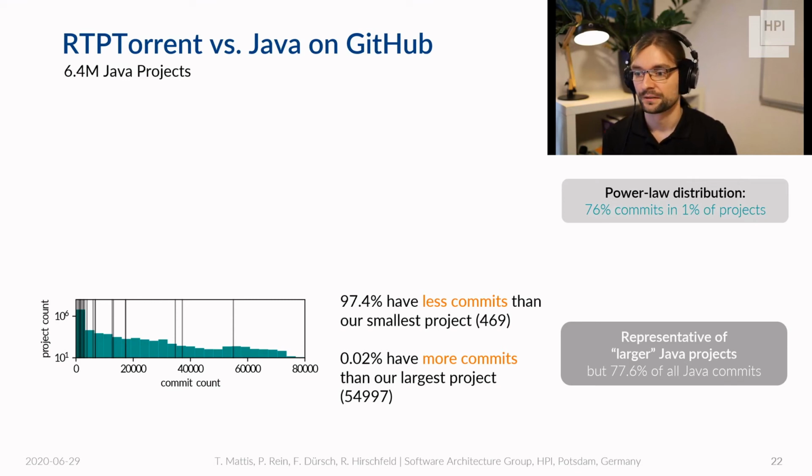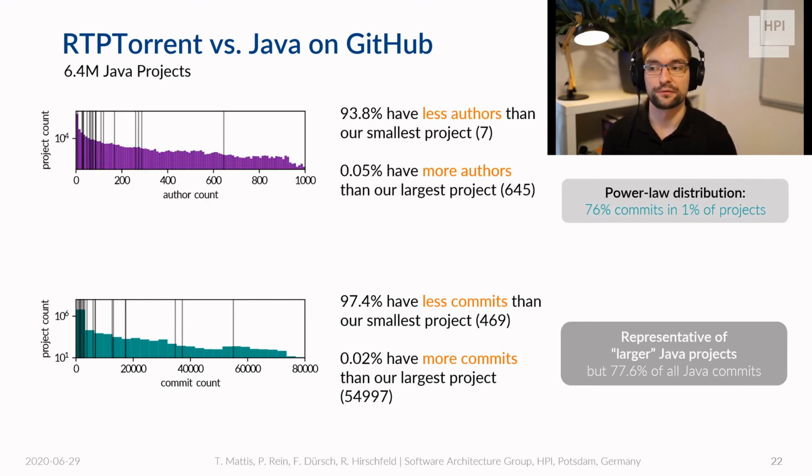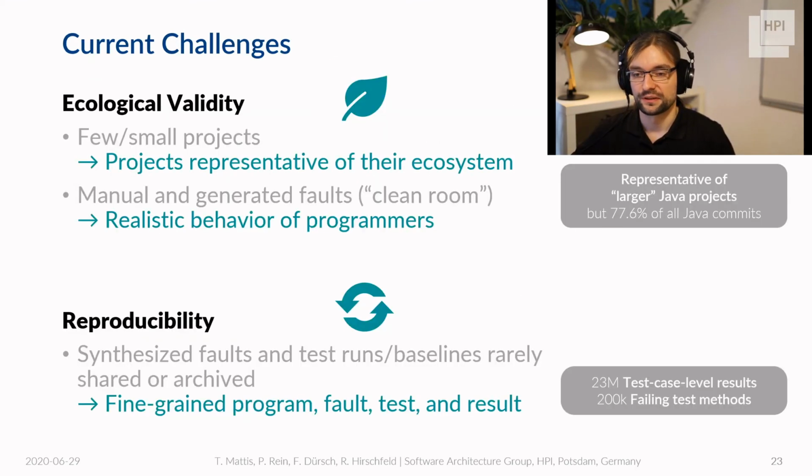We did a similar study with the author counts. We see that most projects have fewer authors than our smallest project, which has 7 authors, but only a very small percentage has more authors than the 645 of our largest project. Coming back to the challenges we'd like to address, we wanted projects which are representative of the ecosystem and represent realistic behavior of programmers.